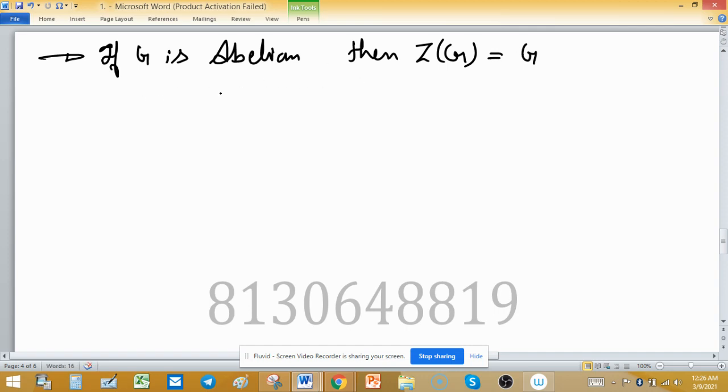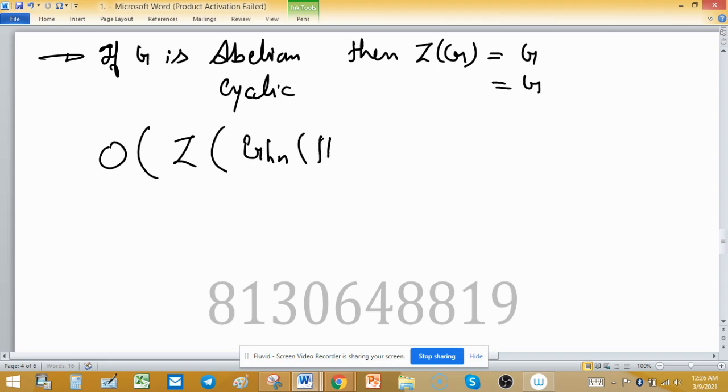If G is cyclic, then the center of G is again G. The order of the center of GL_n over F_q, as we defined earlier, is q minus 1.